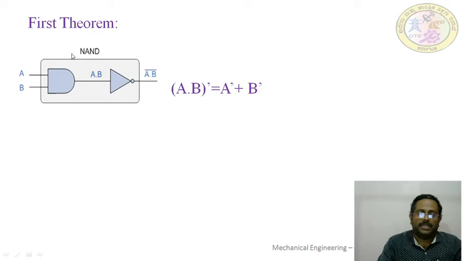This is the circuit diagram to represent LHS constructed using a NAND gate. Here the NAND gate can be constructed in two ways. One way is an AND gate followed by a NOT gate. Another way is the AND gate followed by a circle at its output. This is the LHS of the equation.